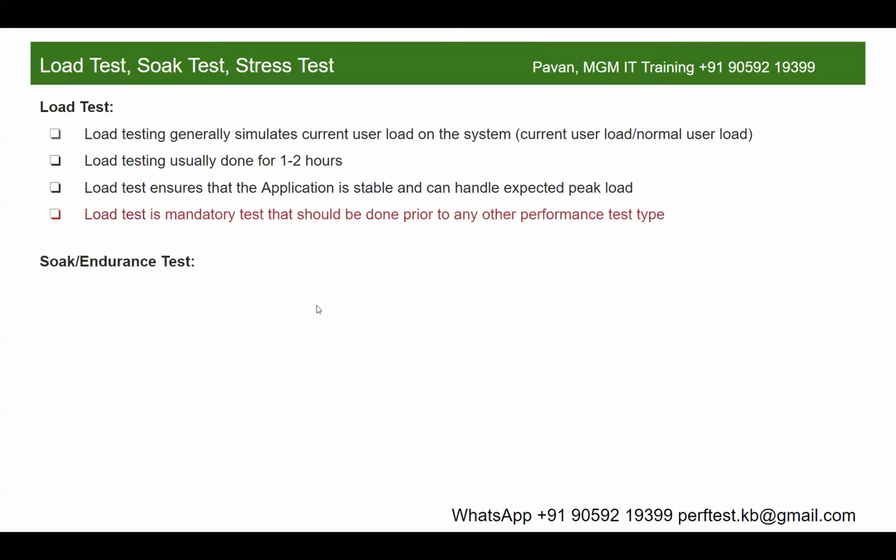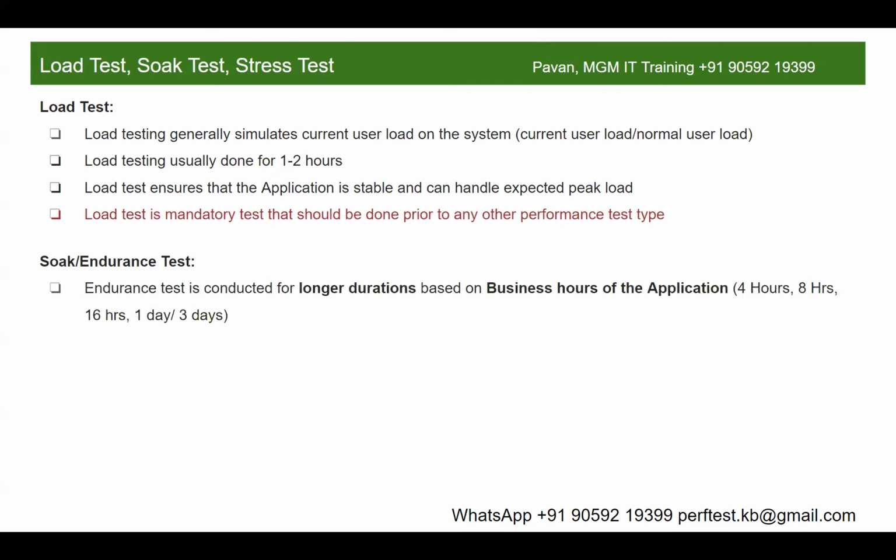The next type of testing is soak or endurance test. The general meaning of endurance is long duration, right? Endurance test is conducted for longer durations based on business hours of the application. So a long duration test is also called a soak or endurance test.